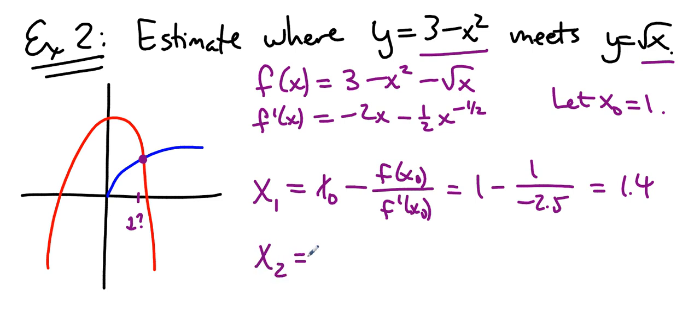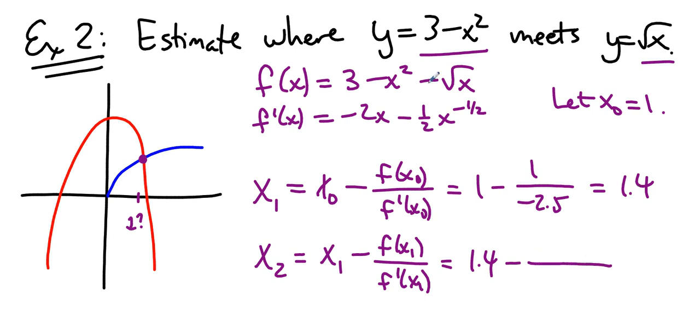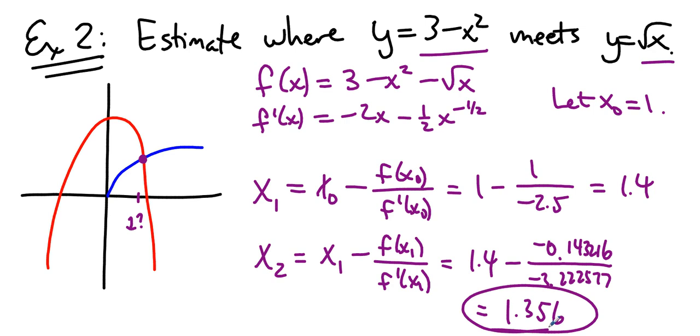And so then we try again, x1 minus f of x1 over f prime of x1, that's 1.4 minus f of 1.4, which is this weird, awful decimal number, over f prime of 1.4, and this is an equally weird decimal number, and that's 1.356. We can get better approximations than that if we keep going, but 2 iterations seems like it does okay.